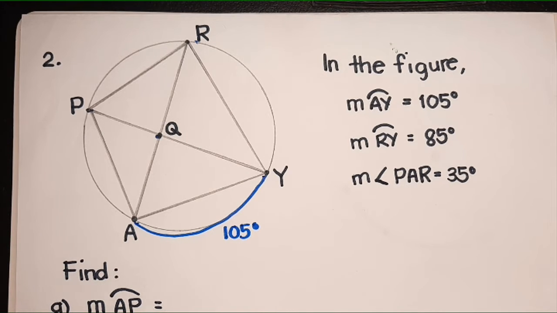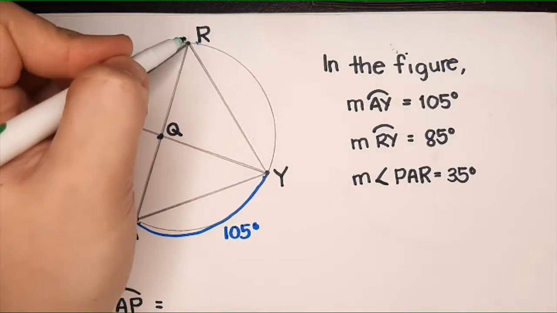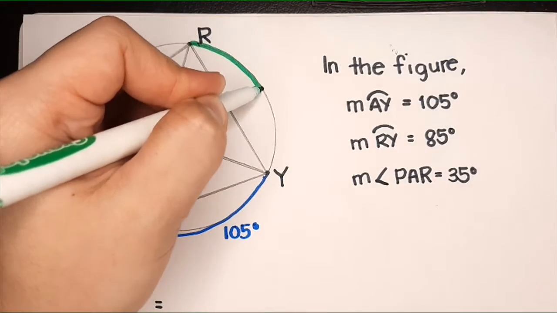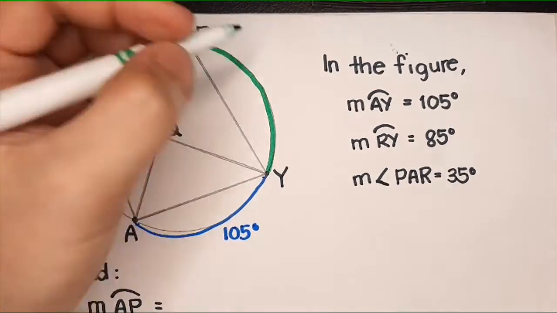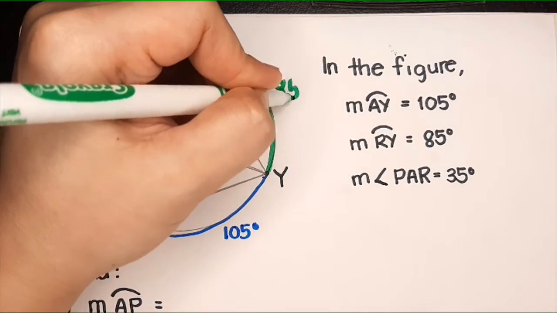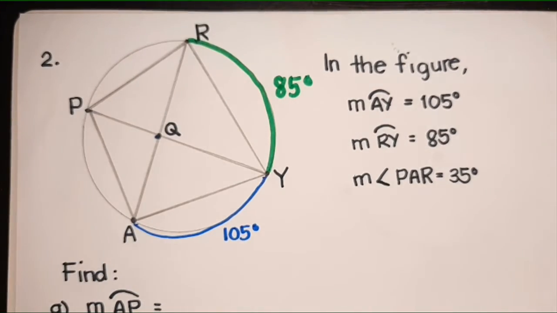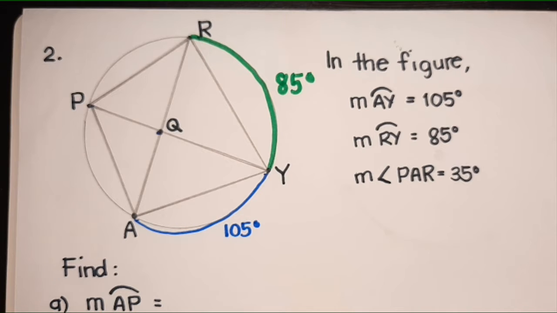So, let me use another color. So, this one. That measures 85 degrees. And lastly, the measure of angle PAR is equal to 35 degrees. So, where is it?